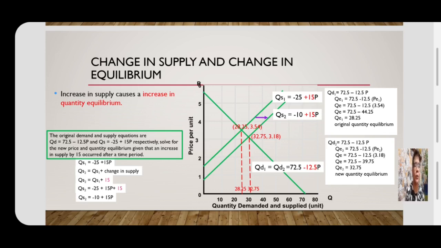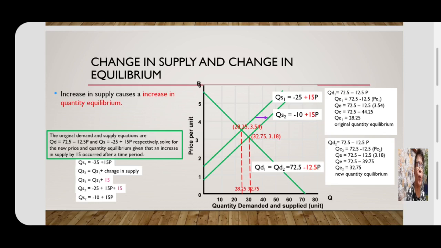Now, what about solving for the new quantity equilibrium? The new quantity equilibrium can again be solved by using the new demand equation and substituting for the P of the new demand equation the price equilibrium of 3.18. So we now have Q equal to 72.5 minus 12.5 times 3.18.